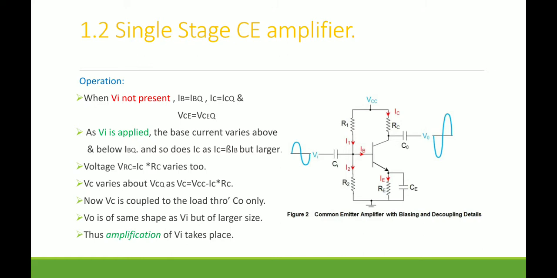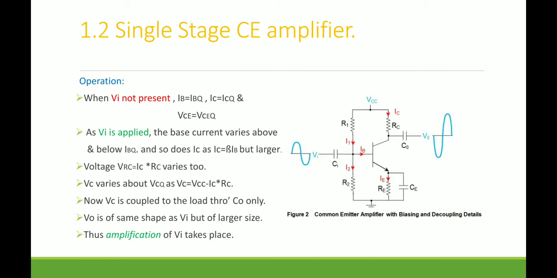V0, the output voltage, is of the same shape as the input Vi but of larger size. Shape is similar but of larger size. Moreover, notice the inversion of the signal. For the positive half of the input, the respective output is the negative half, and for the negative half of the input, the respective output is positive.